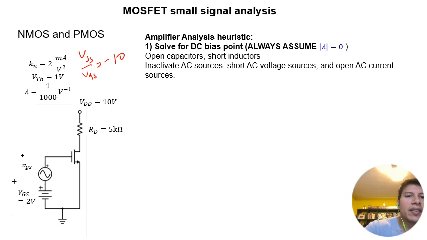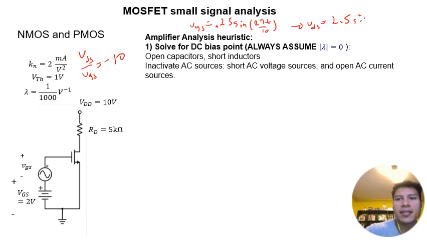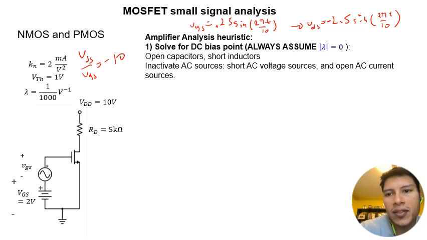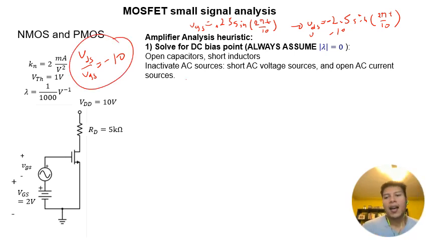So if you recollect in the previous lecture, when we put in 0.25 sine 2 pi t over 10 for little vgs, what we got was that little vds was -2.5 sine 2 pi t over 10. And so we determined that the ratio of vds to vgs was actually -10. So now we're actually going to use our small signal analysis to derive this.